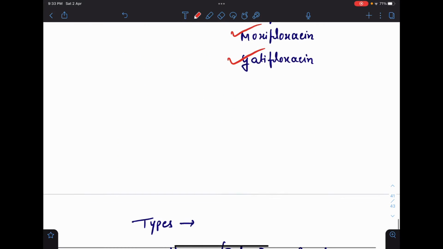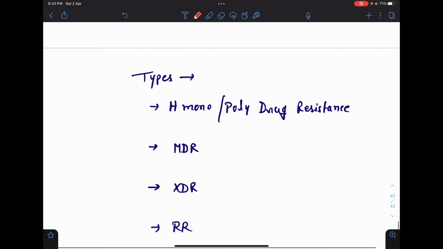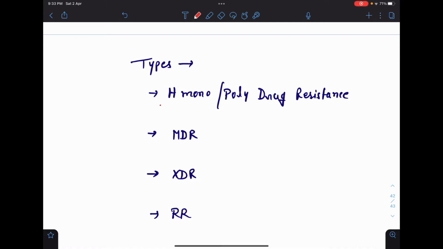Now let's see what are the types of resistance pattern. There is something known as isoniazid monoresistance or polydrug resistance tuberculosis. As the name suggests, isoniazid monoresistance means a particular strain of Mycobacterium tuberculosis is resistant to isoniazid.